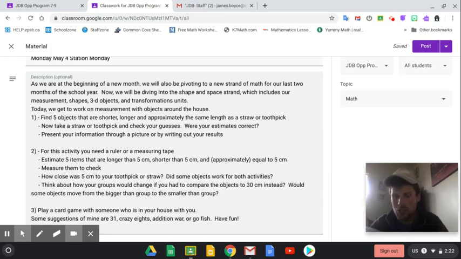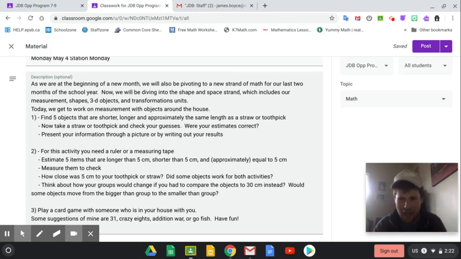You could use a tape measure or a ruler. But on here, 5 centimeters is this long. It's 1/6 of the ruler. It's quite short. Now, I know that a toothpick is going to be close to that. A toothpick is 6 centimeters. That's pretty close to 5 centimeters. It's slightly longer, slightly larger than 5 centimeters.